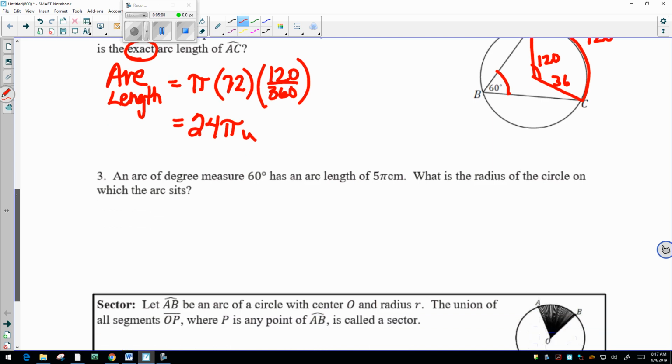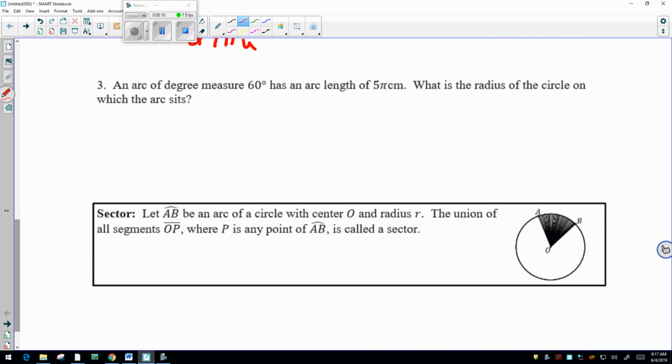All right, number 3: an arc of degree measure 60 has an arc length of 5 pi. Notice they've given us the arc length this time. What's the radius of the circle? So let's think of our formula. Arc length is equal to circumference, so pi times diameter, and then times our degree over 360.